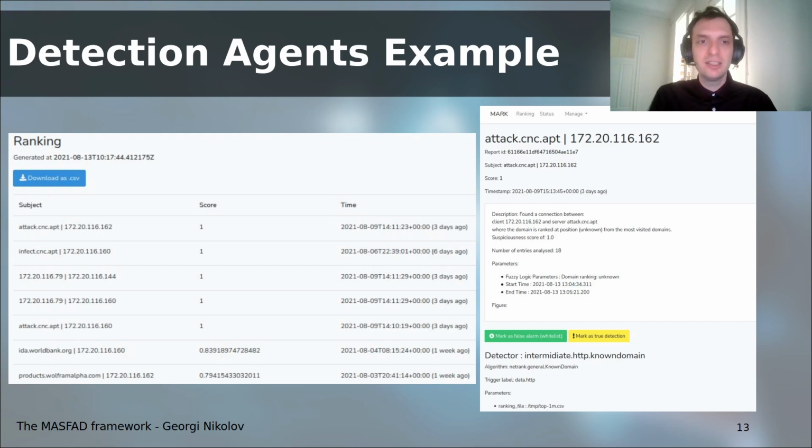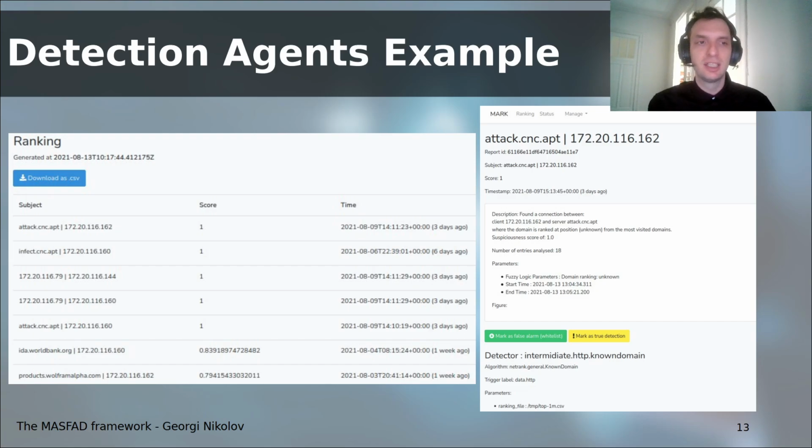First, the ranked list. We can see on the left side the ranked list itself, where we have a list of subjects. The subjects here are the connections between server names and the IPs of the client. Each subject has been attributed a score and the time of creation.